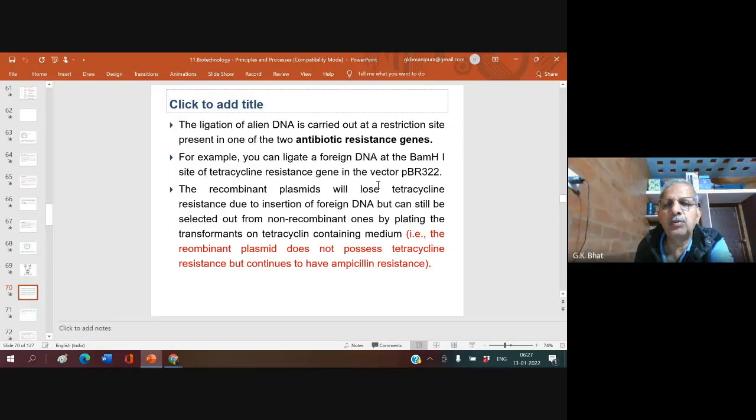The recombinant plasmids will lose tetracycline resistance due to insertion of foreign DNA, but can still be selected out from non-recombinant ones by plating the transformants on a tetracycline containing medium.